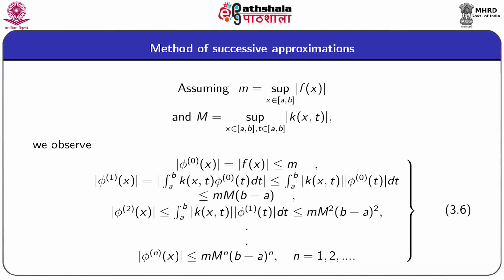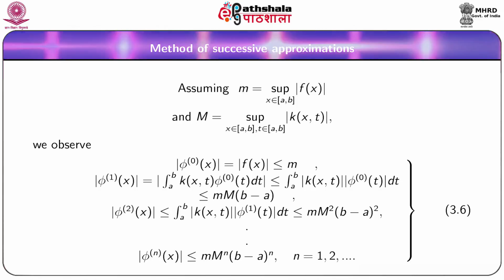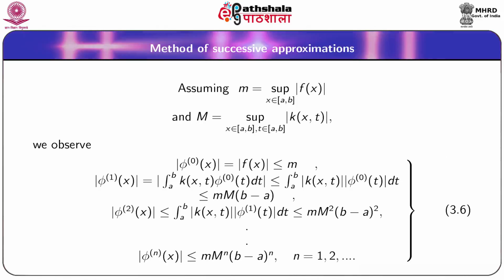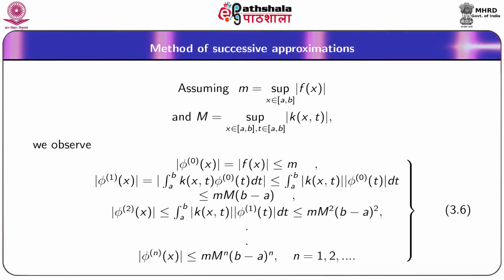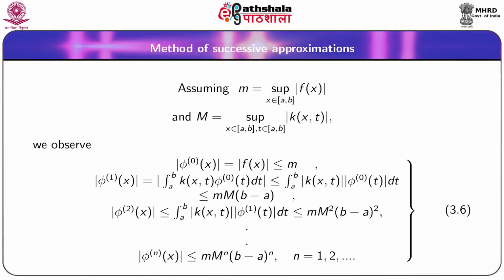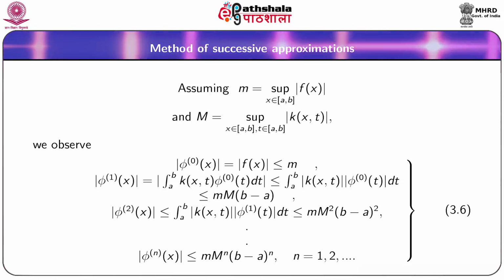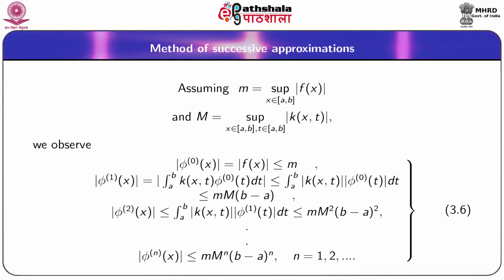If we continue in a similar way, we find that the absolute value of φ_n(x) is less than or equal to small m into capital M to the power n into (b minus a) whole to the power n, as given in equation 3.6.